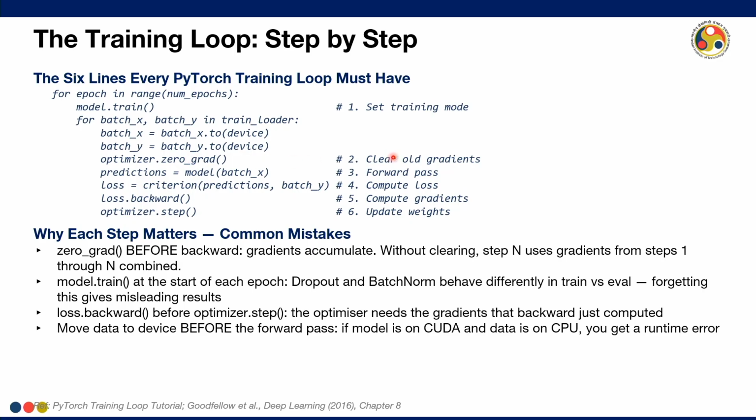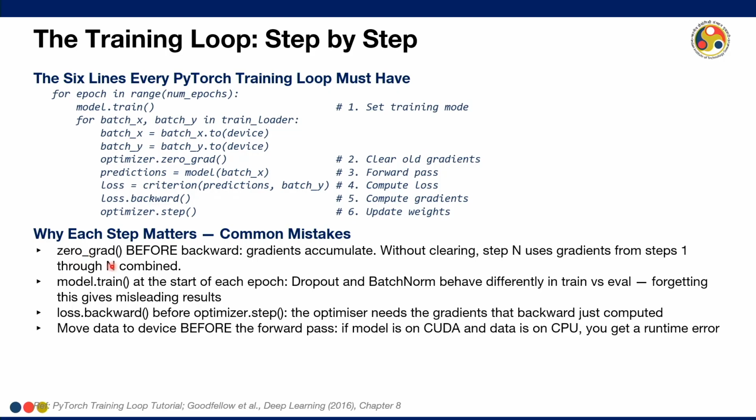Again, here we are clearly defining the 6 steps: the training mode, clearing the old gradient, the forward pass, computing the loss, computing the gradients, and then updating the weights.